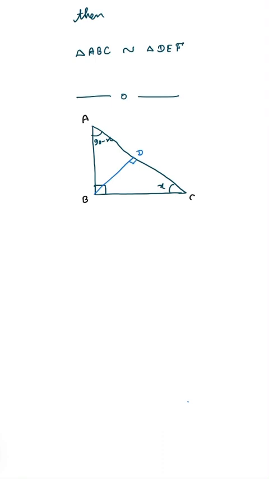Let's say these points are A, B and C. Now if we consider triangle BDC, now D is 90 degrees, C is x, so angle DBC will have to be 90 minus x. Now since angle ABC is 90 minus x, the other part, that is angle ABD, has to be x.